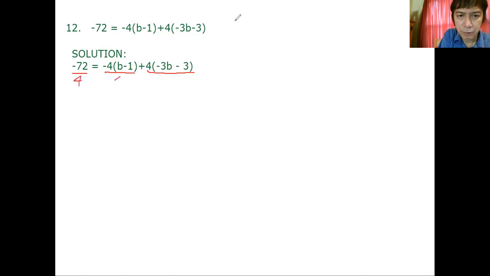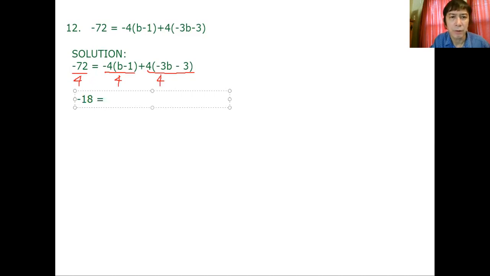There, you divide this by the 4. Make sure you divide each term by the same number. All right, now we continue with the text. Negative 72 divided by 4 is negative 18.